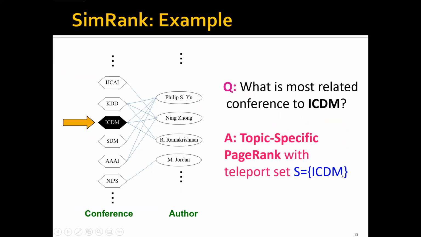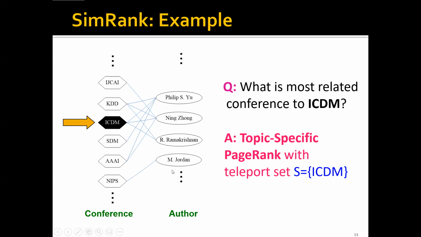Now let's take a look at an example to see how SimRank works. Let's say that we have this bipartite graph with two kinds of nodes. On the left, each node represents one conference, like KDD, ICDM, etc. And on the right, we have some authors. A conference is linked to an author when the author has published in this conference.